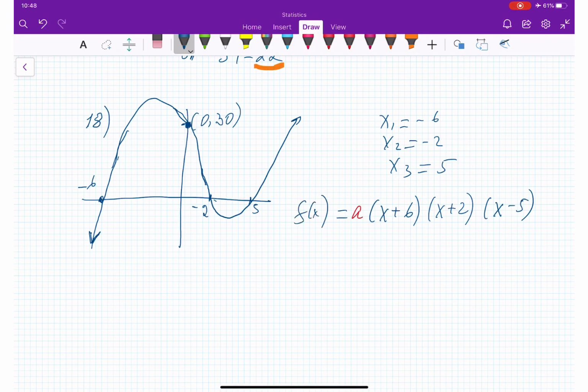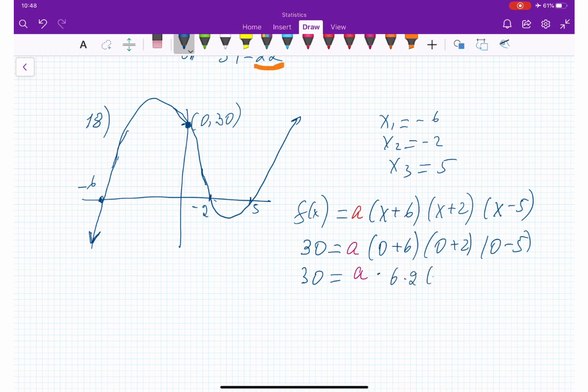So we have 0, 30, which means we can plug in x as 0, and we're supposed to get 30. From there we can find out our a. Let's do it. So f of 0 is 30, equal to a times 0 plus 6, 0 plus 2, 0 minus 5. All right, so 30 is equal to a times 6, 2, and negative 5.